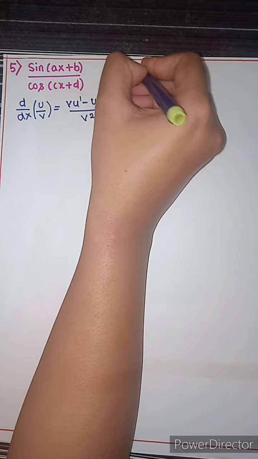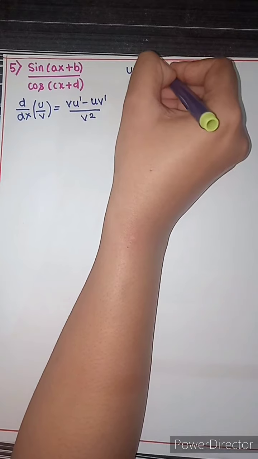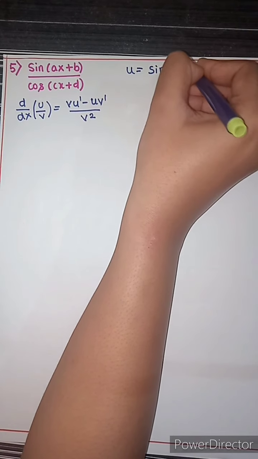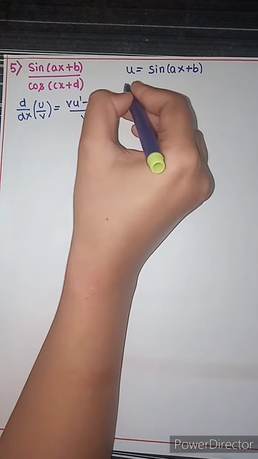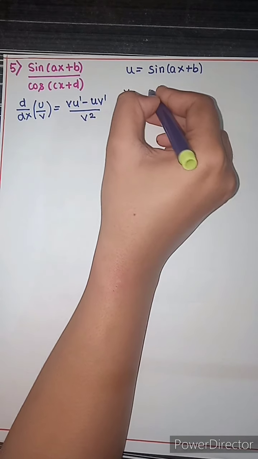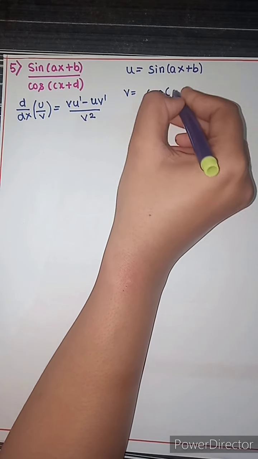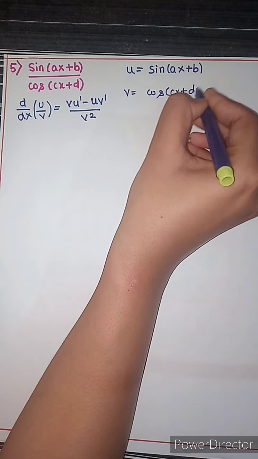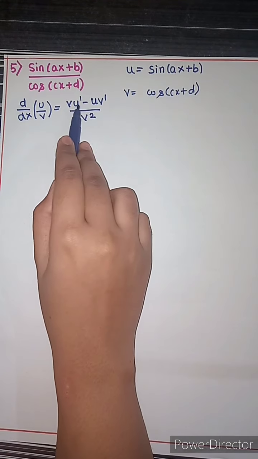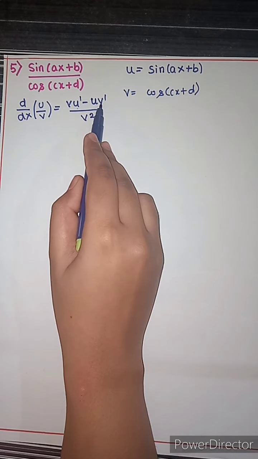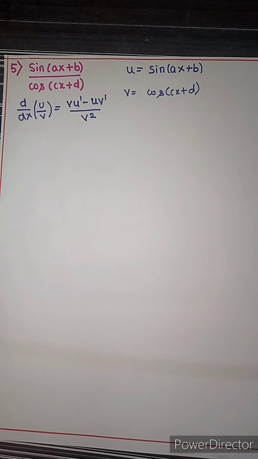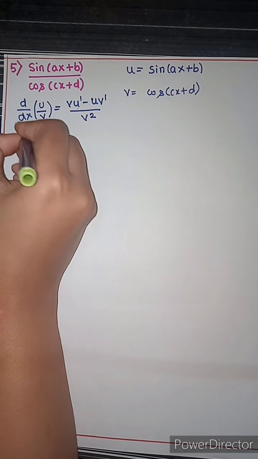Here u is sine of ax plus b, v is cos of cx plus d. Now we need u dash and v dash, right? So let's find u dash first.